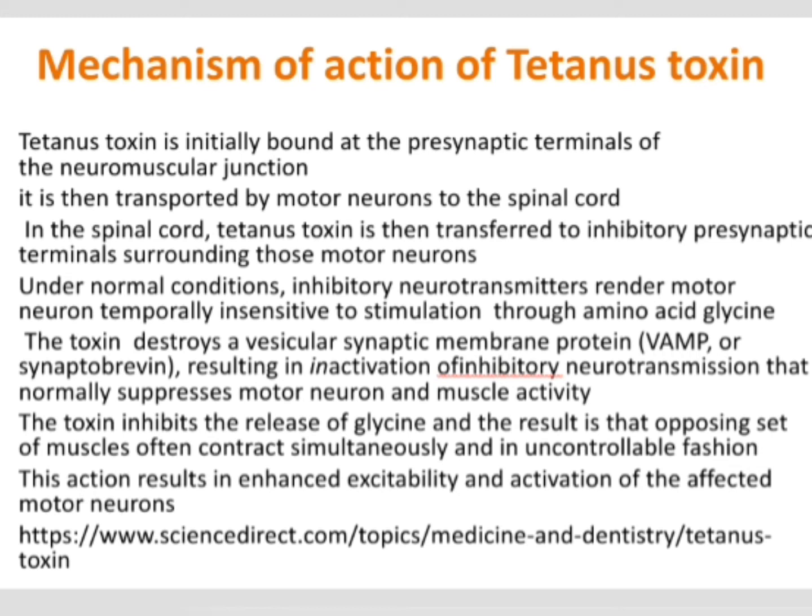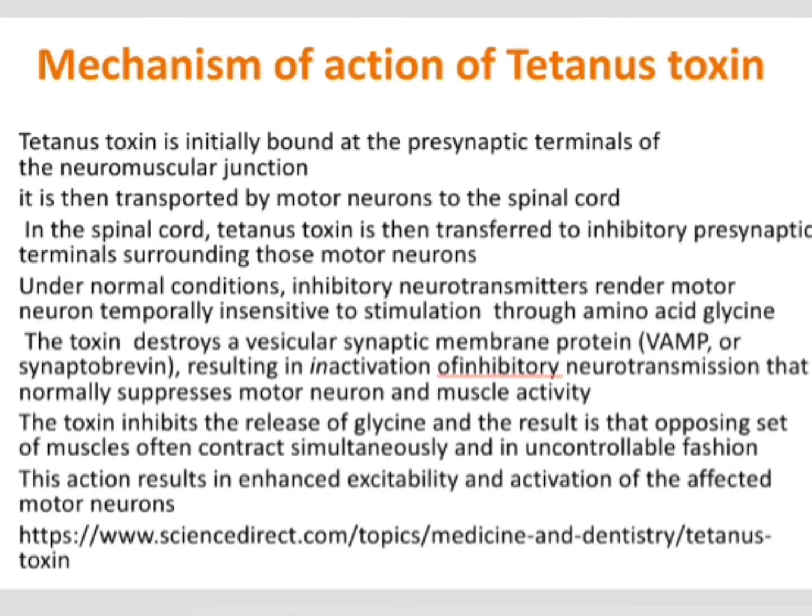Under normal condition, this inhibitory presynaptic terminal will secrete inhibitory neurotransmitters which will render the motor neuron temporarily insensitive to stimulation through the amino acid glycine, so that the muscle contraction will be relaxed.